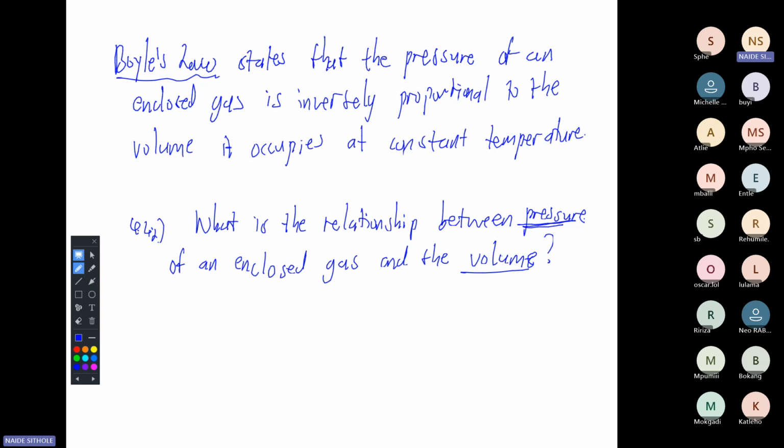And remember, I did speak about understanding that sometimes it can be pressure versus volume. You can have your pressure here in kPa, and then your volume here in centimeter cube, and then it goes like that.